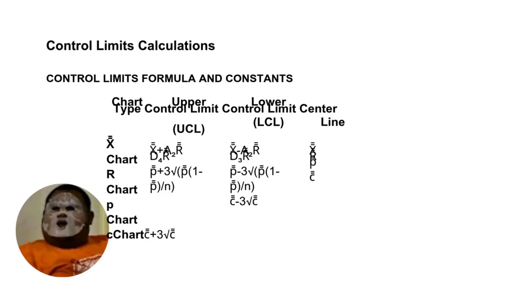For the P chart: P bar plus 3 square root of P bar times (1 minus P bar) over n. So it's quite a complicated form. Yep, that's it. The center line is P bar.